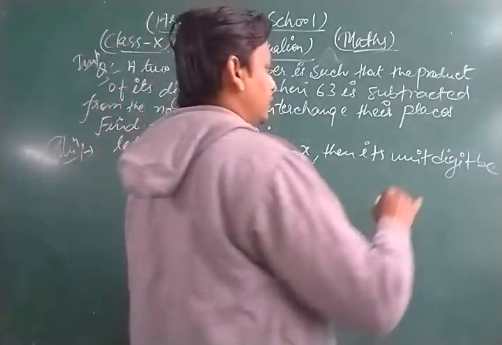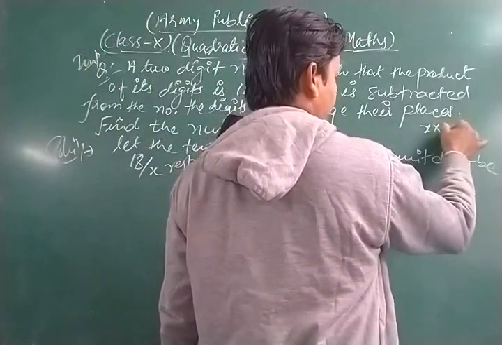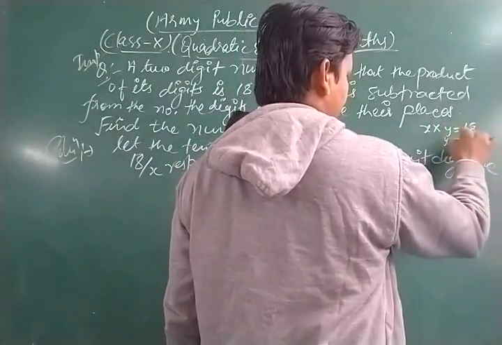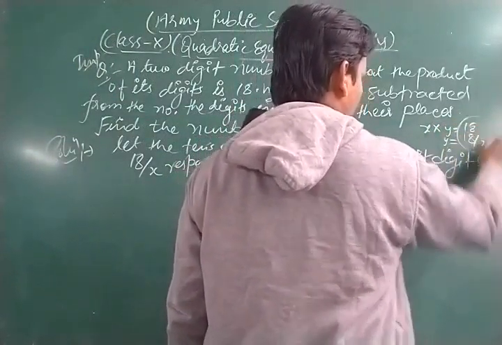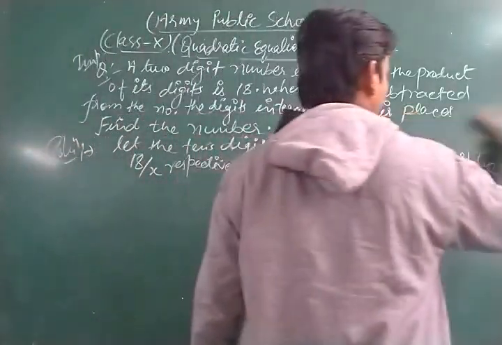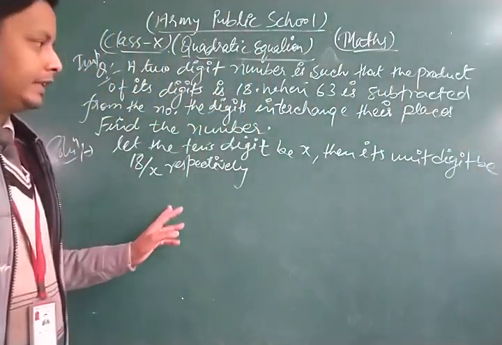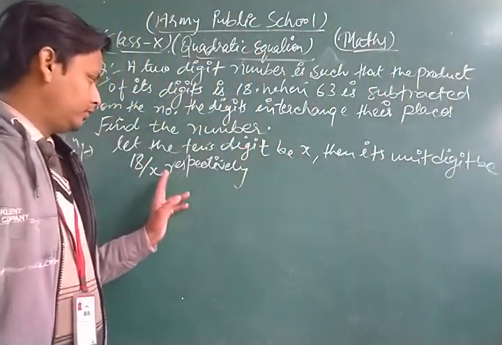We suppose that if one number is x and the second number is y, and the product is 18, then the other number is 18 upon x. According to that concept, now let the tens digit be x, then its unit digit is 18 upon x.